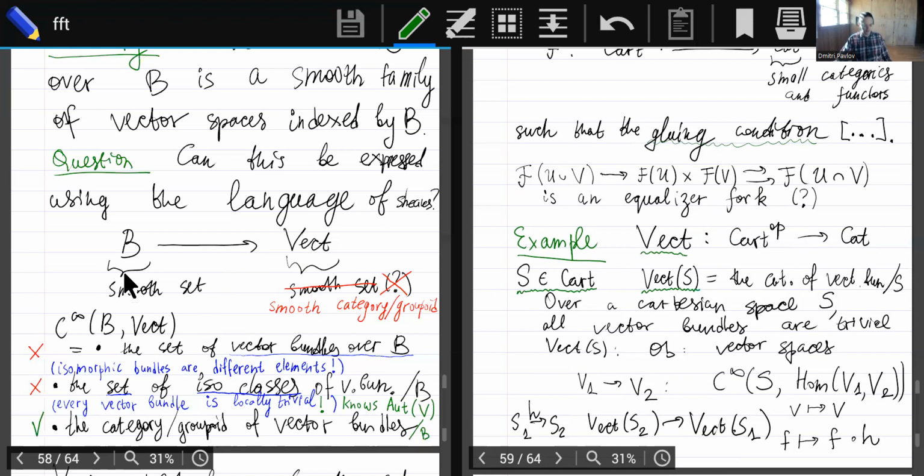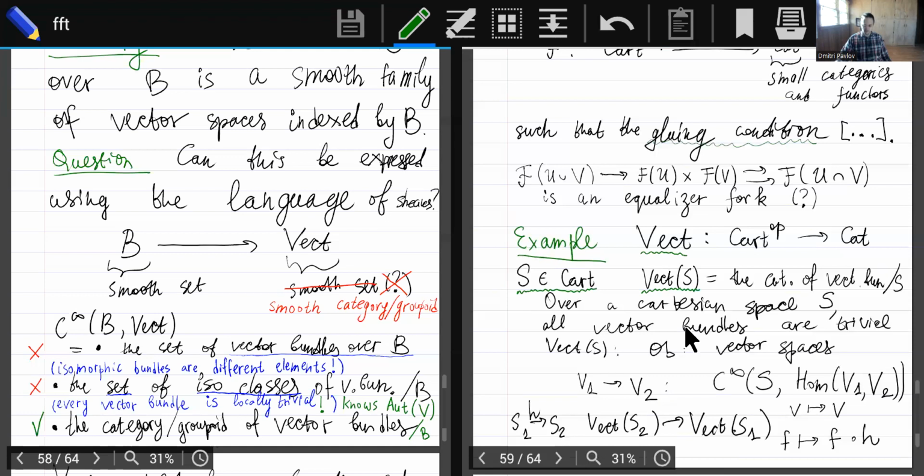So in particular, when B is a Cartesian space, smooth maps from a Cartesian space to Vect, by the Yoneda lemma, should be the same as the value of Vect at S. And this value should be the category of vector bundles over S. Now, over a Cartesian space, any vector bundle is trivial. It's isomorphic to the trivial vector bundle with some fiber.